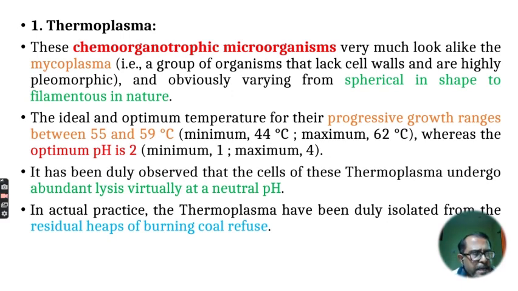When we try to grow this bacteria in neutral pH, this bacteria undergoes lysis. Means they can undergo autolysis at neutral pH.